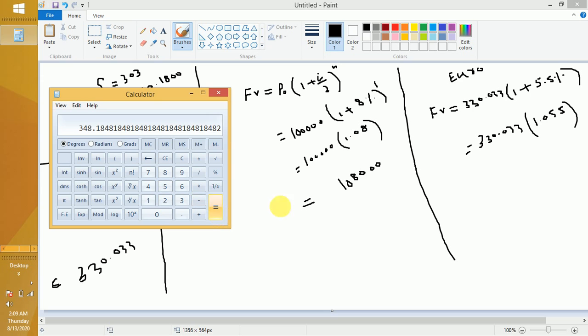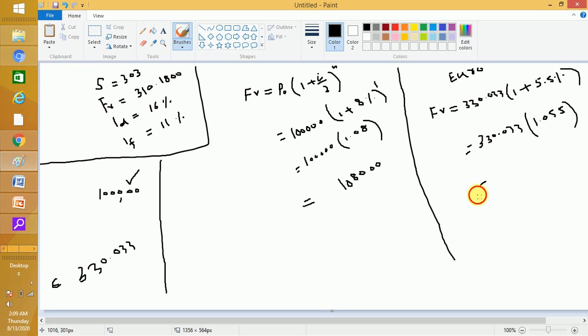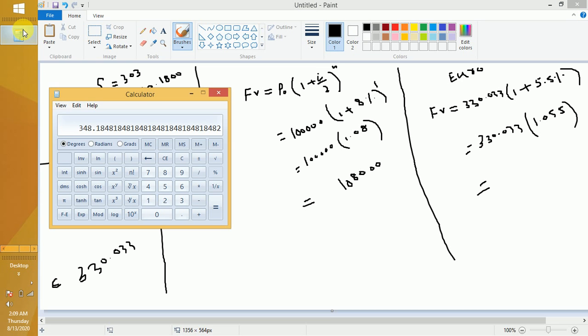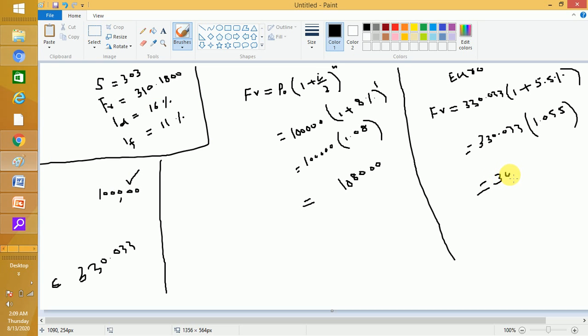So we got 348.1848. So this will be our future value in euros.